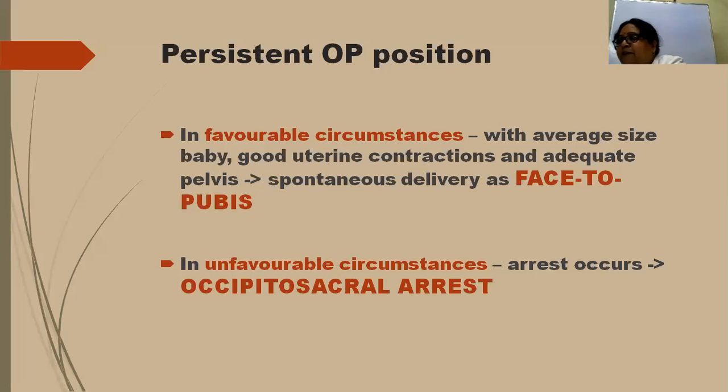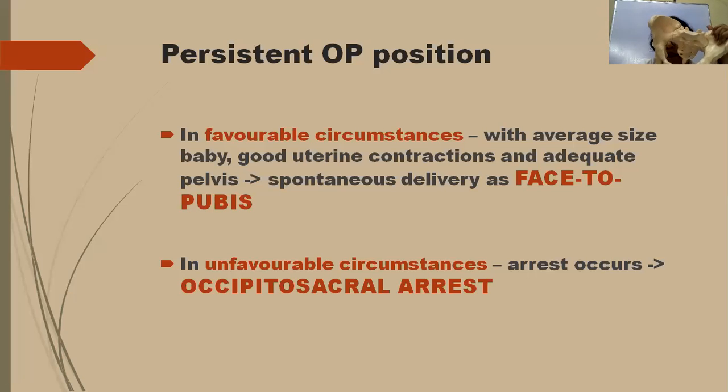So under favorable circumstances, when there is an average sized baby with good uterine contractions and adequate pelvis, delivery will occur as face to pubis. So this is the pelvis. This is the face of the baby. So the nose will hinge under the symphysis pubis.